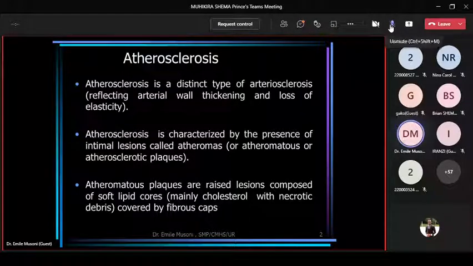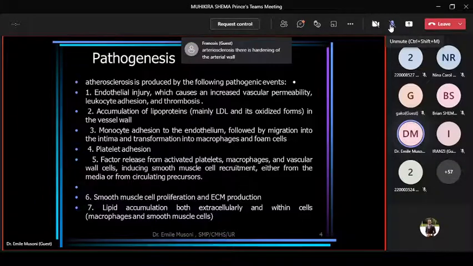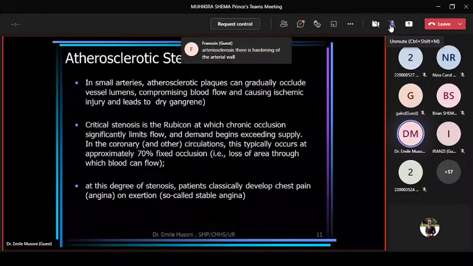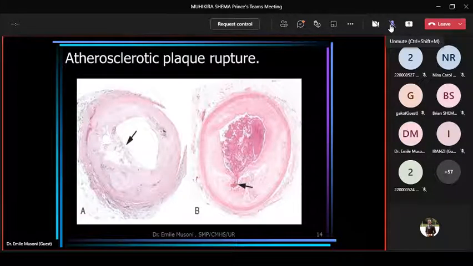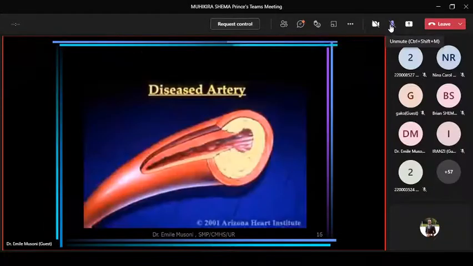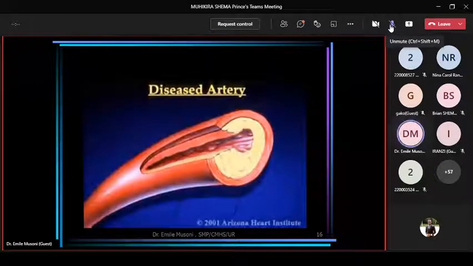This one is physics. It is not even biological. Even here it is clear. You see here the fat.